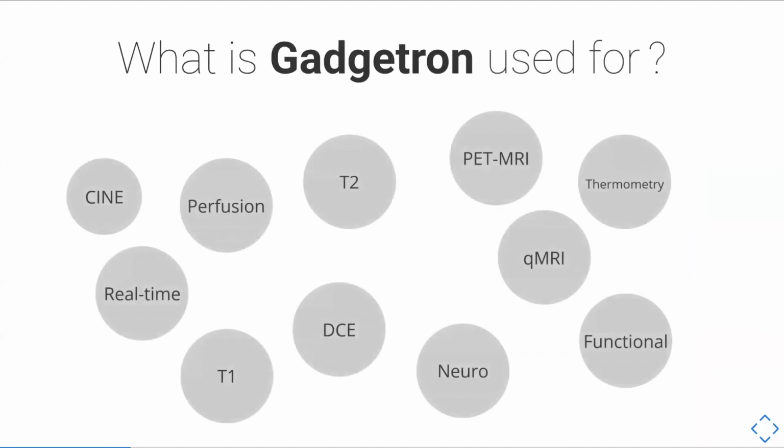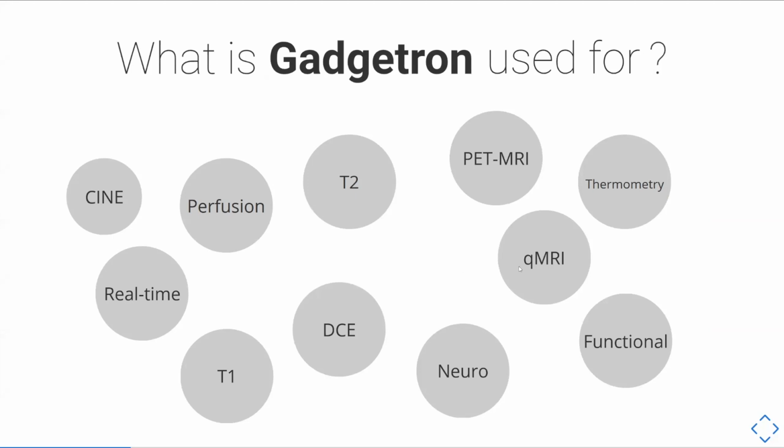The next question is, what is Gadgetron used for? There are a lot of applications. I have not included all of them here, but we have a very active cardiac community. So we have applications like cine imaging, perfusion, real-time cardiac imaging, T1, T2 mapping, things like that.